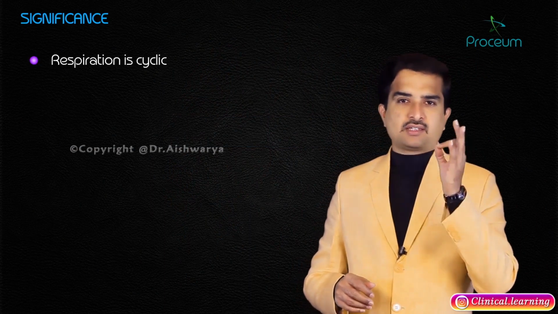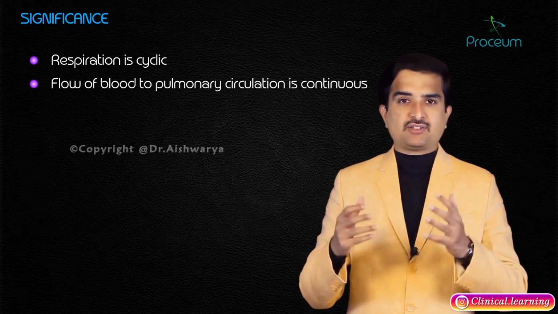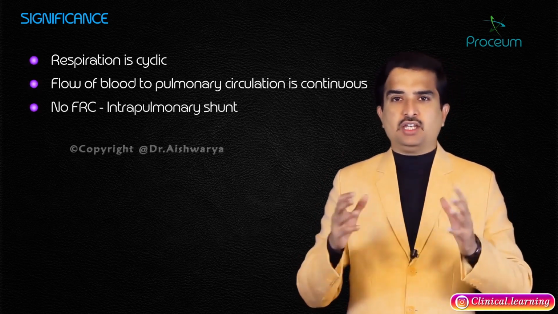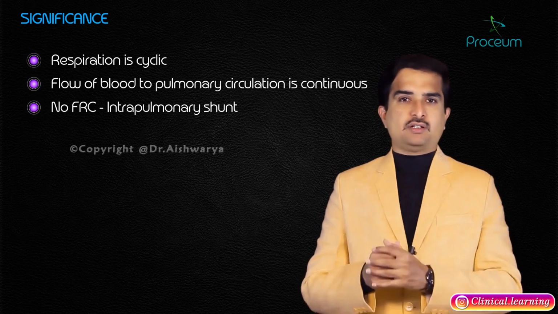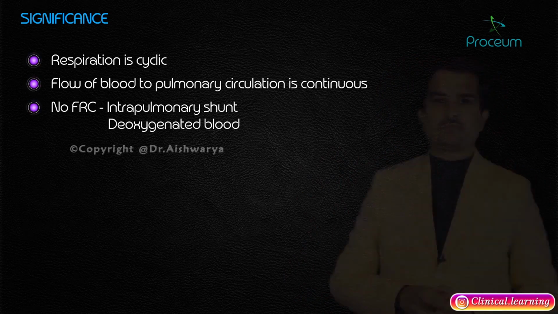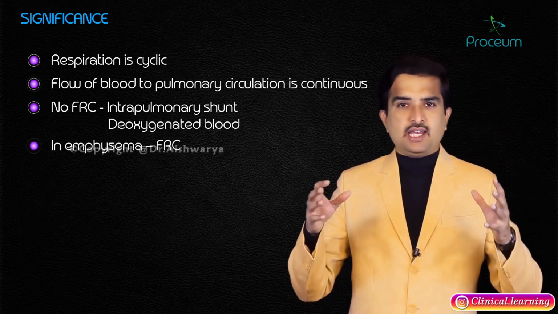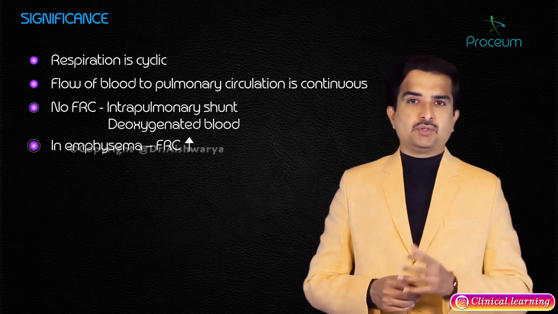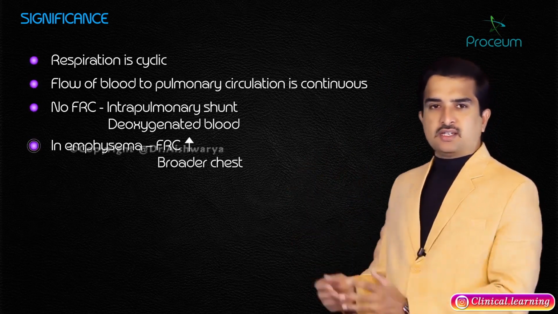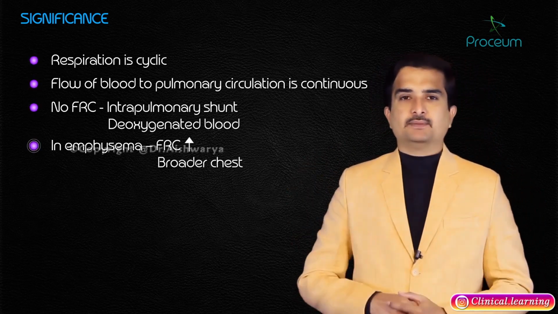Respiration is cyclic, but the flow of blood to the pulmonary circulation for gas exchange is continuous. If there is no FRC, an intrapulmonary shunt is created and deoxygenated blood enters the circulation. For example, in conditions like emphysema, FRC is increased, leading to a broader, dilated chest, or what we can call a barrel-shaped chest.